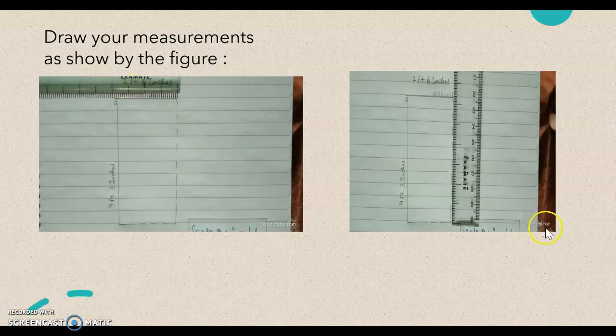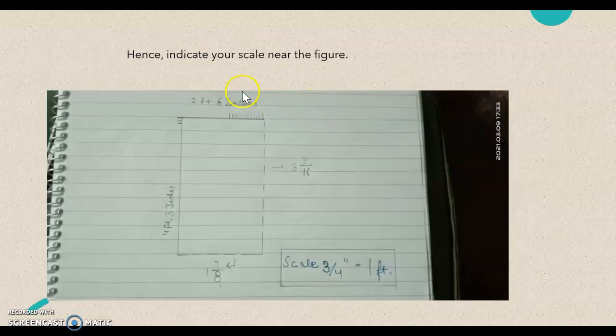As we draw this, we also have to follow the last step of the imperial calculations, which is that we have to indicate our scale near the figure, which is 3 by 4 inches is equal to 1 feet. So we indicate all the important information near our figure and in the problem that we have solved. This is all the information.